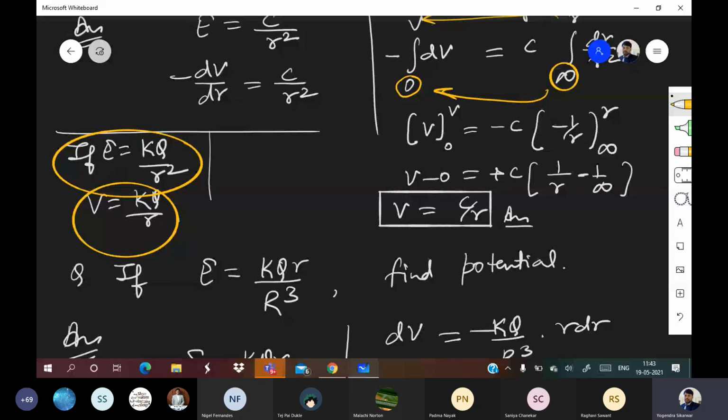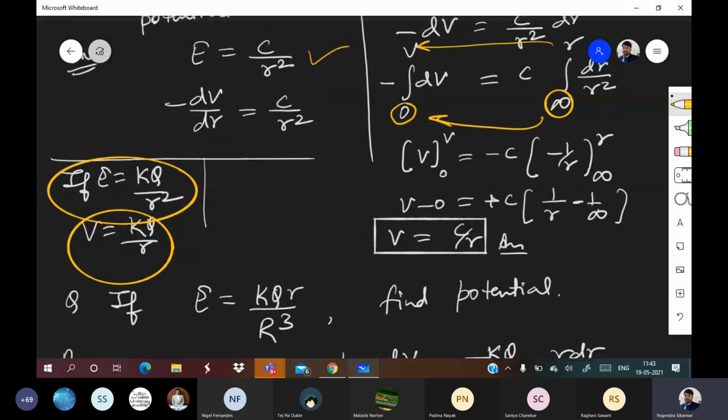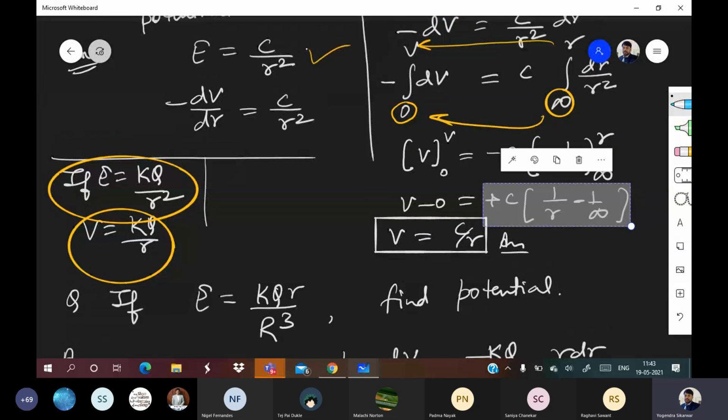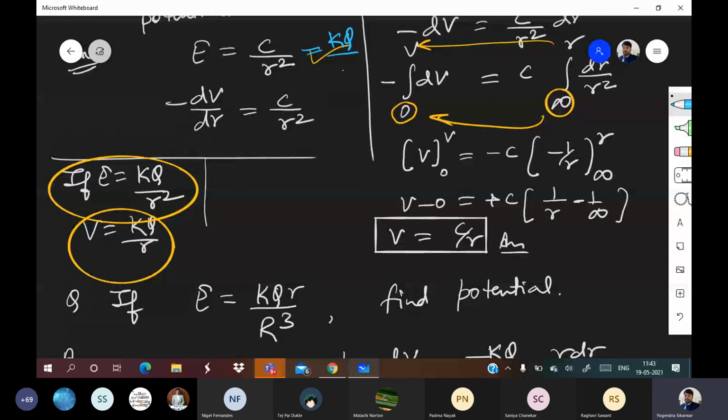So we got V is equal to C by R, because if you replace C by KQ, for example, if you put here kq by r square, so what your potential will be? V is equal to kq by r. That's what I was trying to tell you. There is a clear-cut connection. You could have used that also.